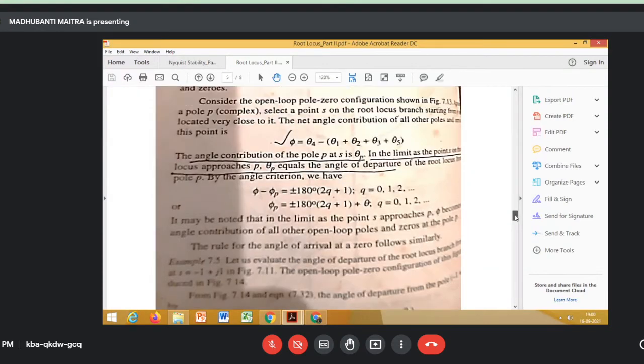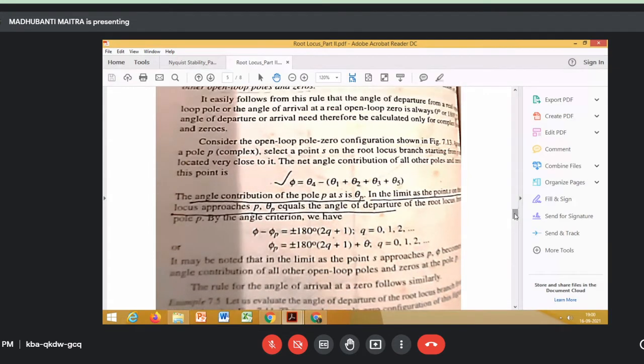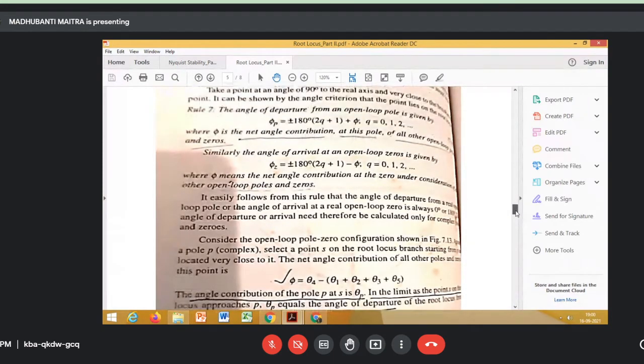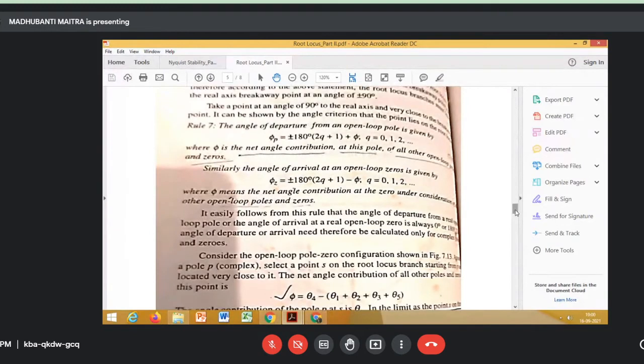So now angle of arrival, that will be very simple. Similarly, the angle of arrival at a complex open loop zero is given by phi z, which is plus minus 180 degree (2q plus 1) minus phi.